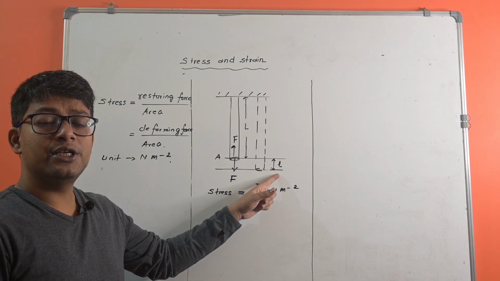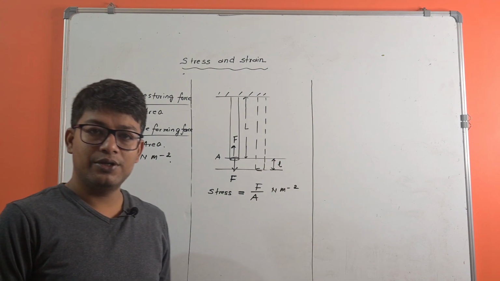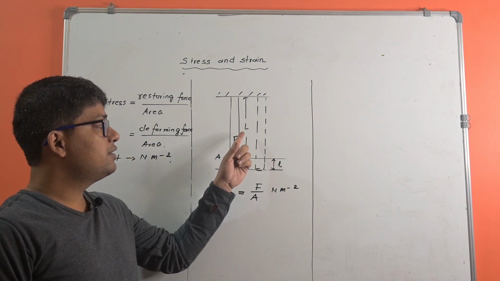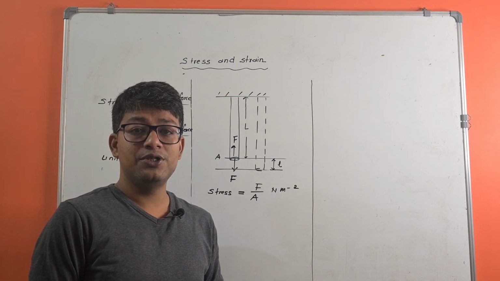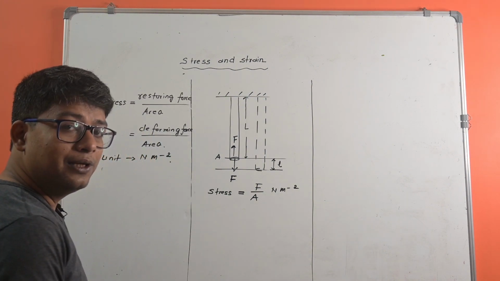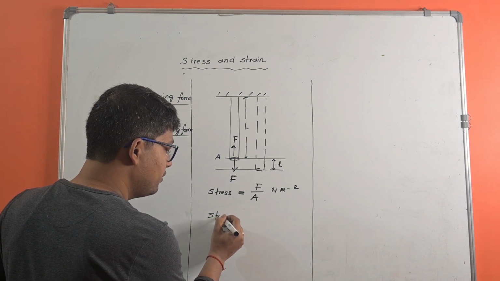এখানে কোন ডাইমেনশনে চেঞ্জ করেছে বডিতে? লেন্থ চেঞ্জ করেছে। What was the original length of the body? Capital L। কি বলা হচ্ছে, fractional change in dimension. Meaning in this particular case strain কত হবে?